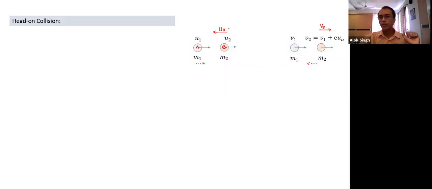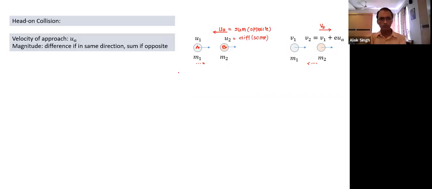Just keep in mind, in terms of magnitude, the relative velocity will be the sum of the two velocities when they are in the opposite direction, and the difference if they are in the same direction. Since this is a one dimensional question, plus minus sign is enough. So I can easily calculate velocity of approach: magnitude, difference in the same direction, sum if opposite.